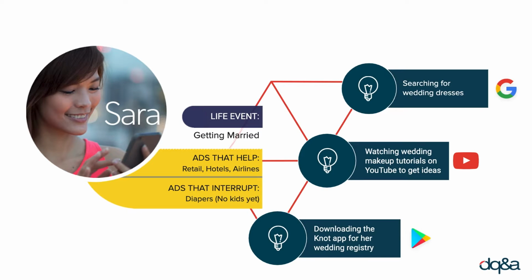Based on these signals of intent, Google is able to establish that Sarah is getting married and therefore add her to a life event audience. A travel company can then target this audience and engage with Sarah with useful ads, for example displaying an ad about a special on a honeymoon destination. Google will utilize machine learning to mine these signals and create audiences of users based on their behavior on all of these Google properties.